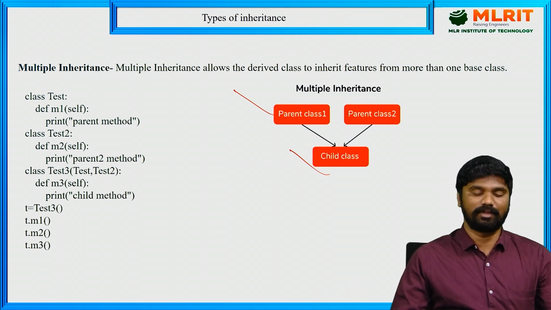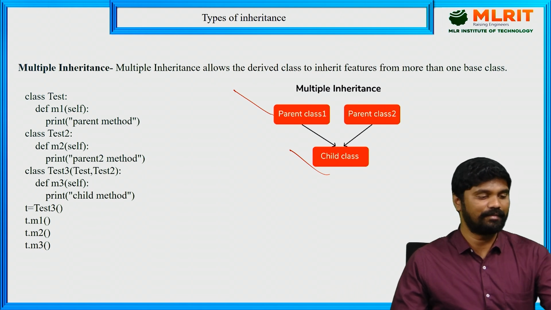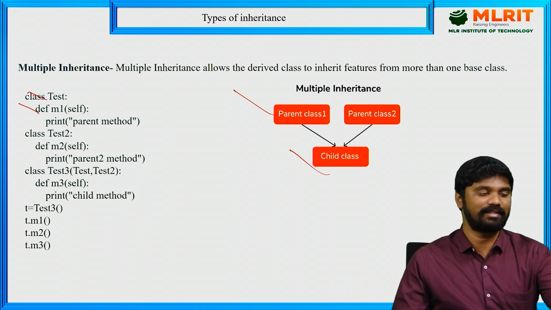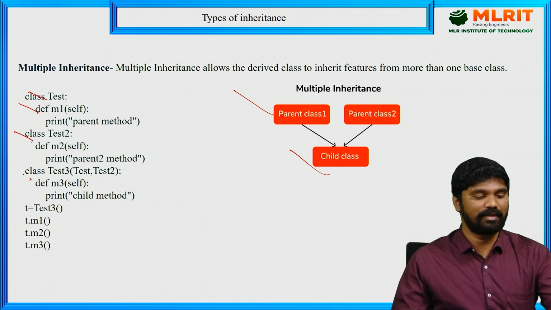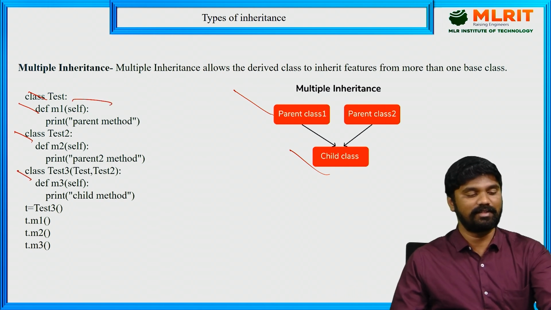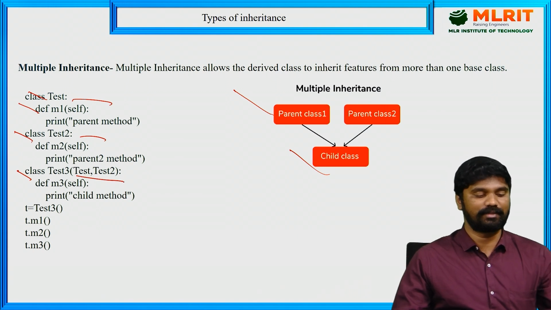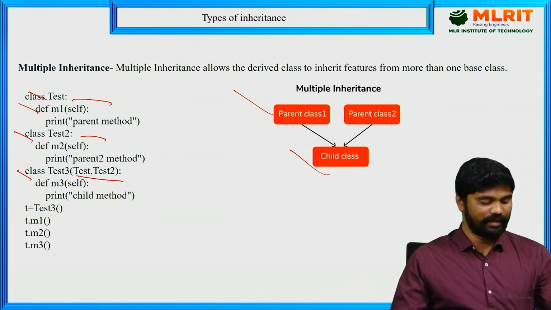If you take class test and test 1 as parent classes, then class test 2 is the child class of both. Now let's see it through an example.